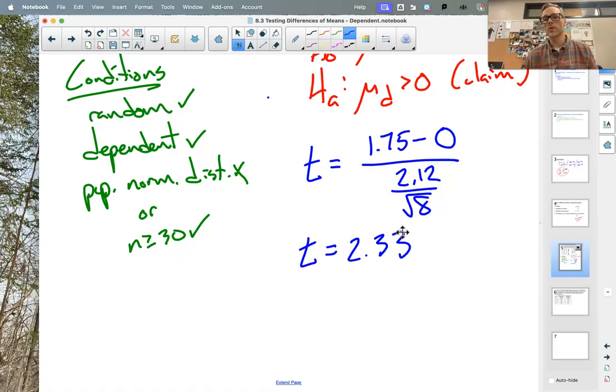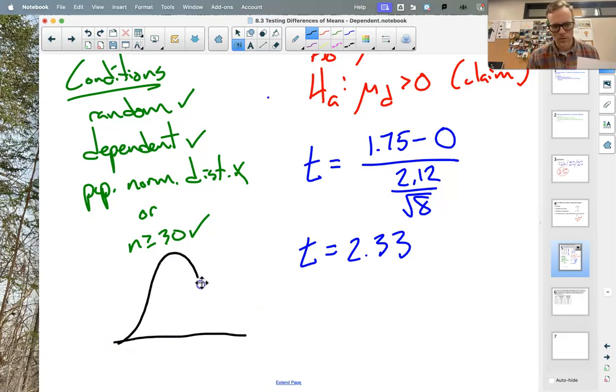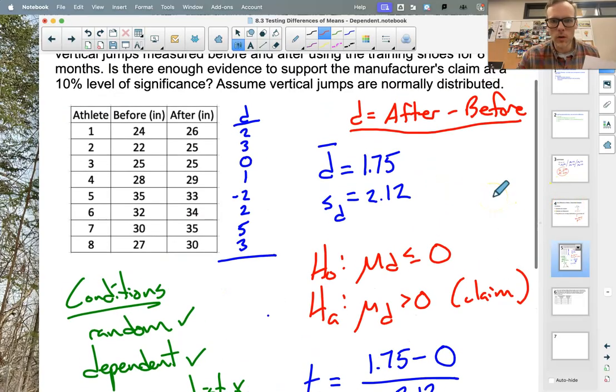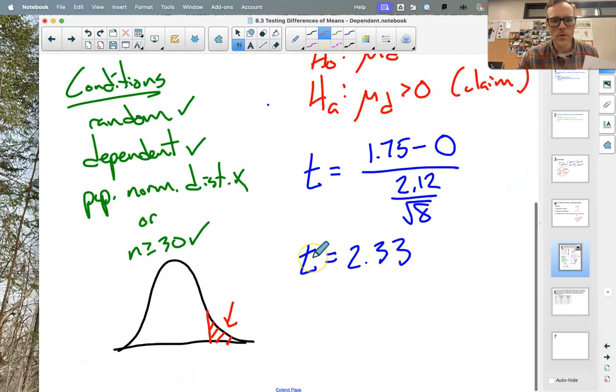Now, these are t-scores, so we know we can't use p-values, so we're going to have to use rejection regions. Right tail, left tail, two-tail test. This is a right tail test, so I'm going to set my rejection region over here. Level of significance, I forgot to say what it was: 10%.